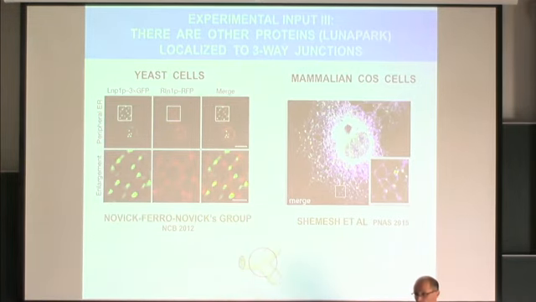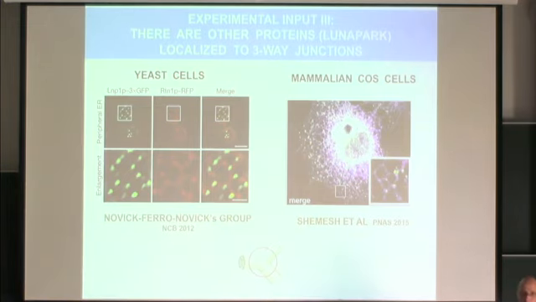The line of three-way junctions is negatively curved. This gave us a reason to assume that this Lunapark is this missing kind of protein which would make the whole story even better in terms of comparison with the structure. I'm already coming to the model.